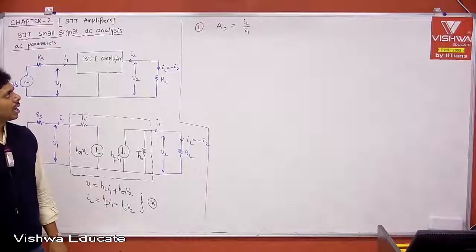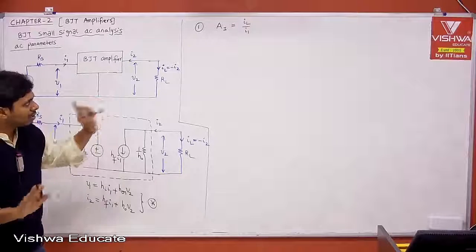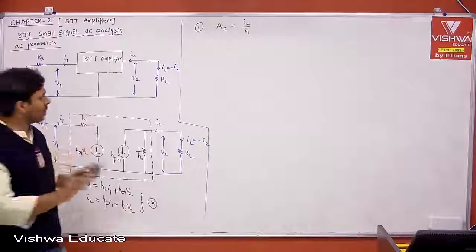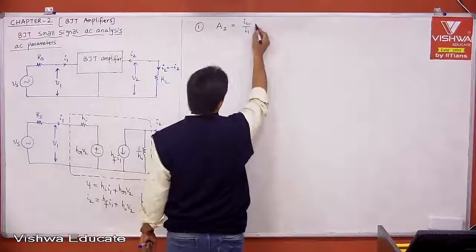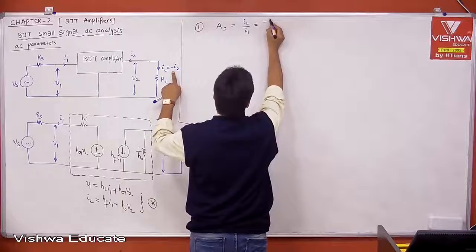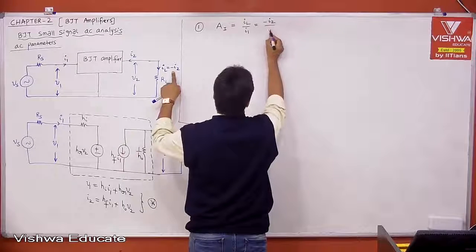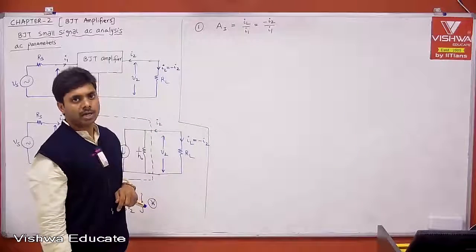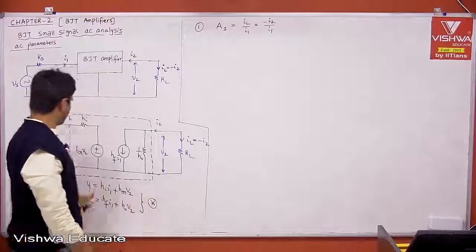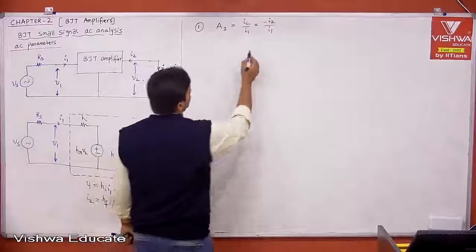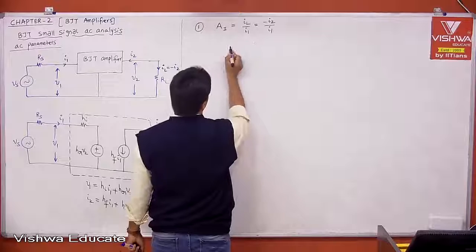Okay. Now, what is IL? Once you understand the definition, it is simply mathematical analysis. You can follow me. IL divided by I1 is minus I2 divided by I1. We already know I2 from star, so substitute.